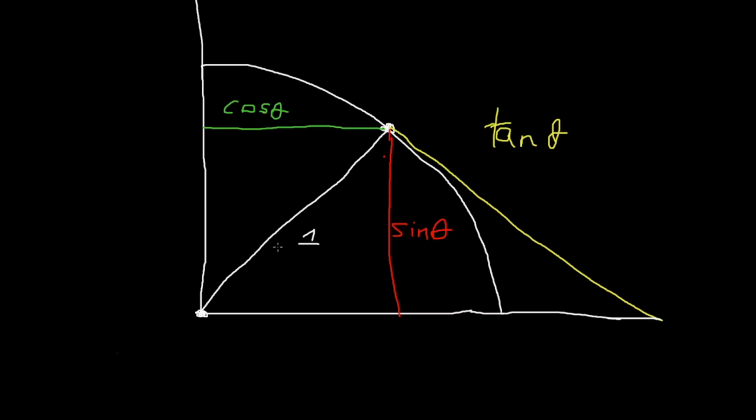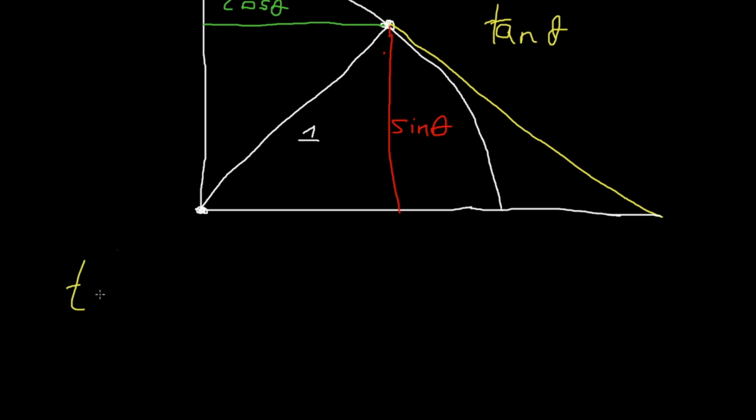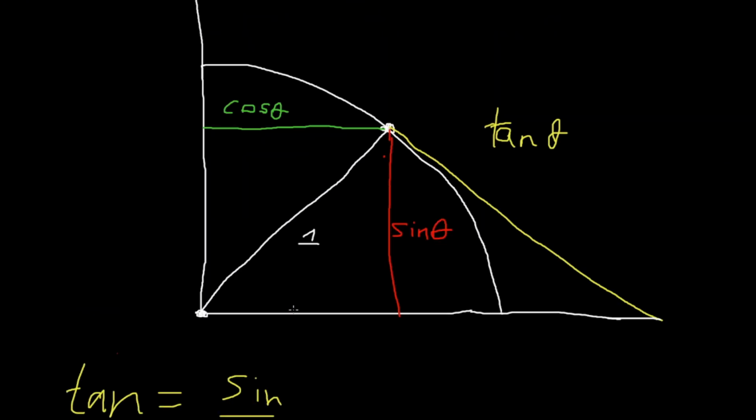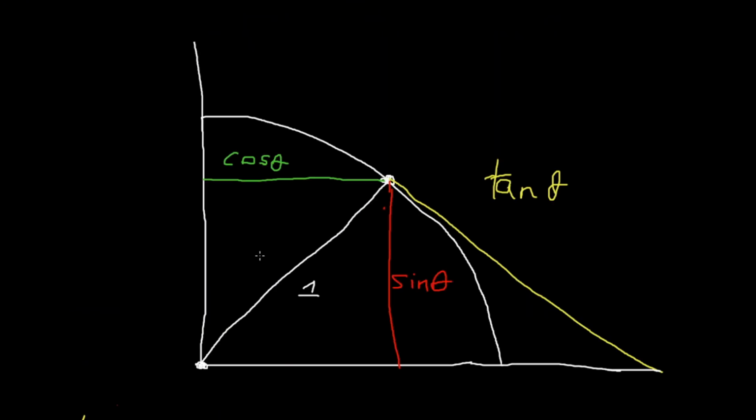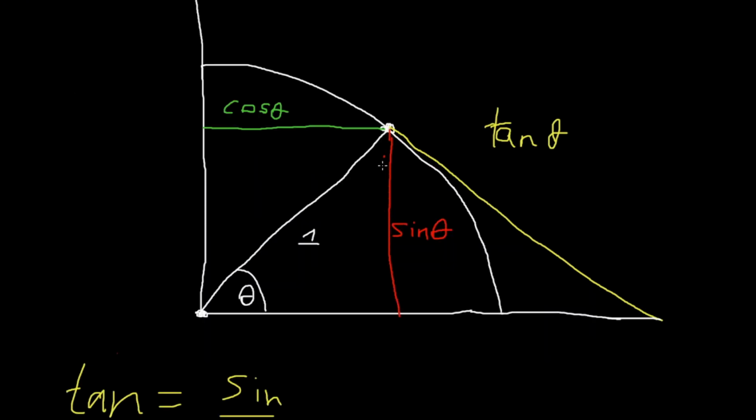So some people might know that tangent is actually equal to sine over cosine. Why is it? The reason why tangent is equal to sine over cosine is because of similar triangles. Right. So this is our theta, as we know, just normal theta. Now, I drew this new triangle that you might not have realized.